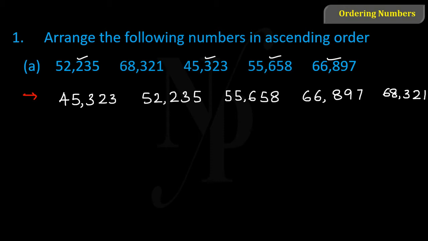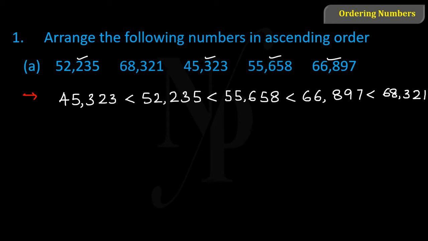When we have written the numbers in ascending order, we put a less than symbol between them. That means 45,323 is less than 52,235, which is less than 55,658, which is less than 66,897, which is less than 68,321. Like this we can arrange the given numbers in ascending order from smallest to greatest.